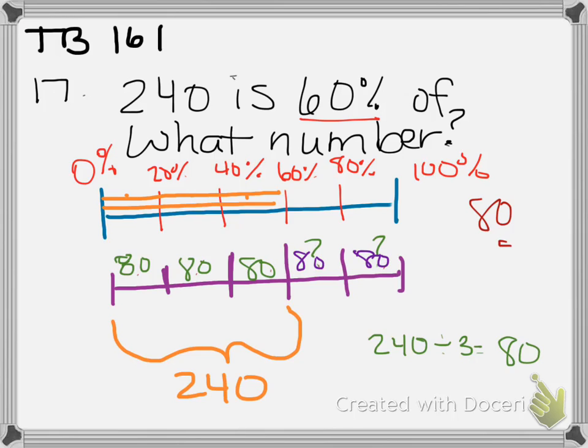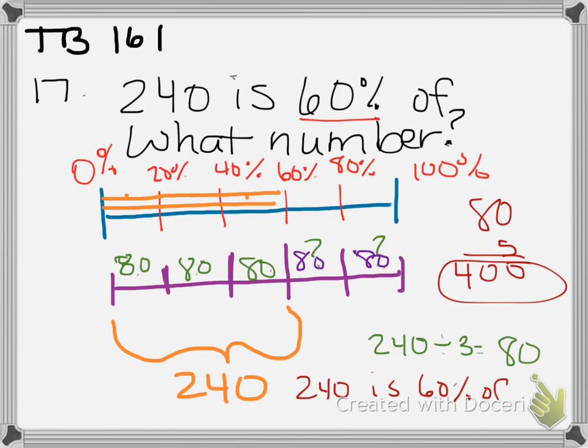So 80 times 5. And you get, okay, 5 times 0, and then 400. Okay. So now we know that 240, so this is going to be my whole number, 240 is 60% of 400.